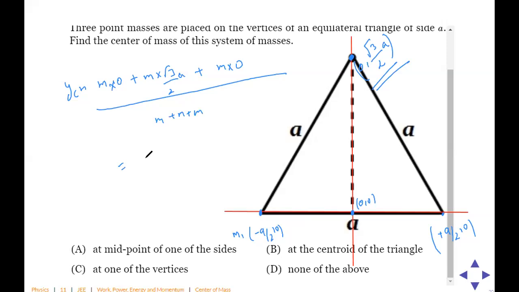Tell me. It is root 3 by 2 into 3M into MA. MM cut गया. So it is what? Tell me. It is a by, right? Or it is basically root 3 by 6A. है ना? इस point से root 3 by 6A ऊपर.